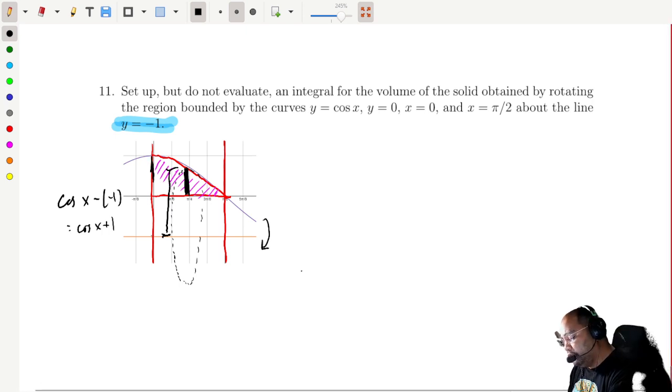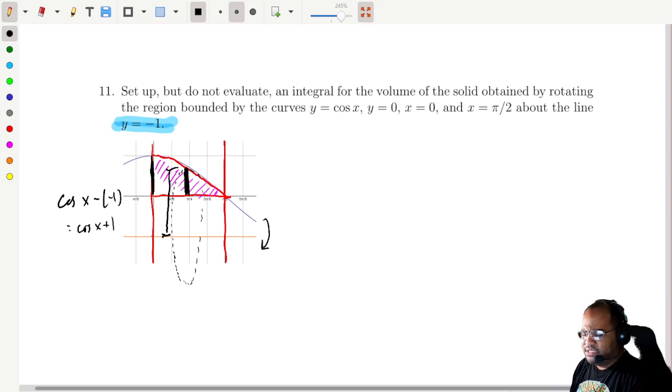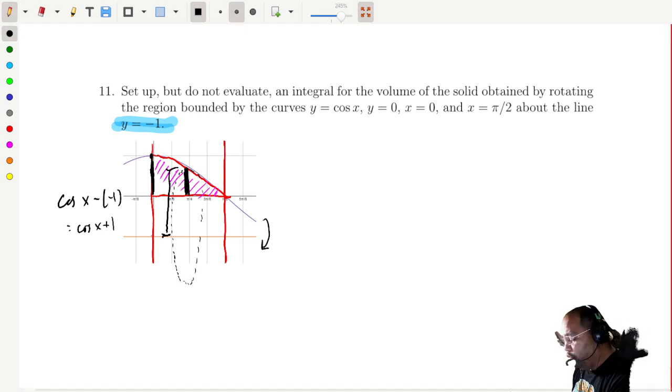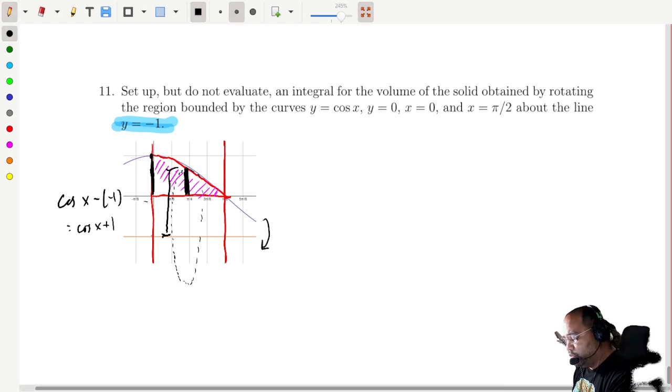If I start here at x equals 0, what's my radius? And does it make sense? Well, cosine of 0 is 1. 1 plus 1 is 2. And this point is, of course, 2 units away from y equals -1. You have 1 there, and then you have the extra 1 there. 1 plus 1 is 2.